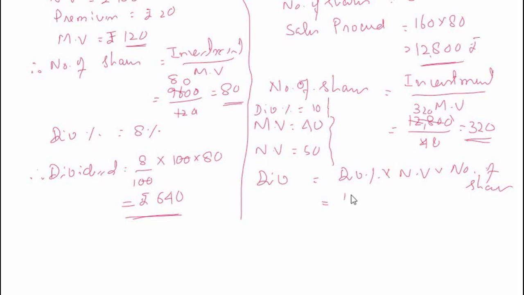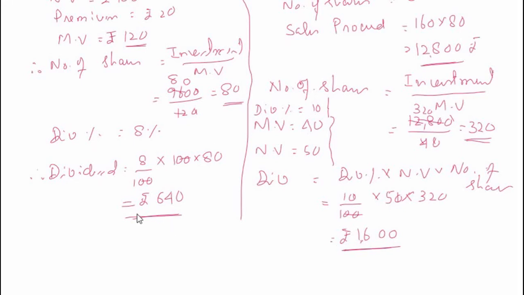So dividend percentage 10, so it is 10 divided by 100 into NV 50 into number of shares 320. So the zeros go here. So it is 320 into 5, which is 1,600. He receives rupees 1,600 as the dividend in the second year when he is holding the shares of this company.